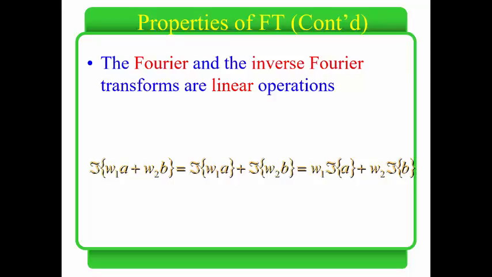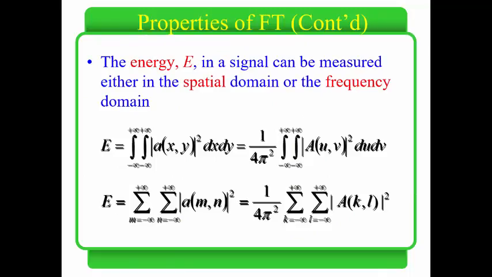Since W1 and W2 are constants, I can take them outside the transform. So the Fourier transform of W1A is W1 multiplied by the Fourier transform of A. This is the meaning of saying that this operation is linear.